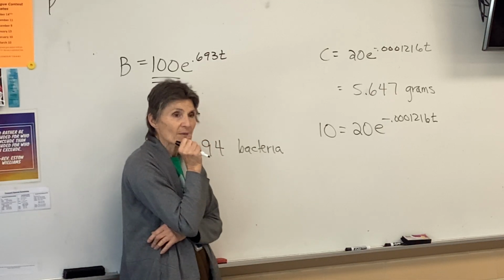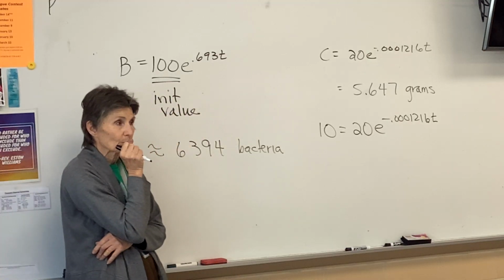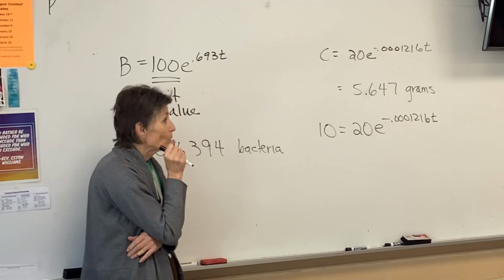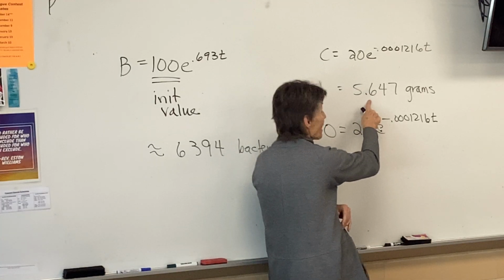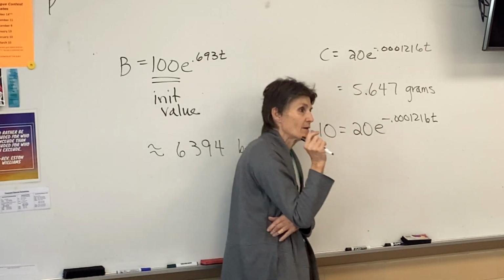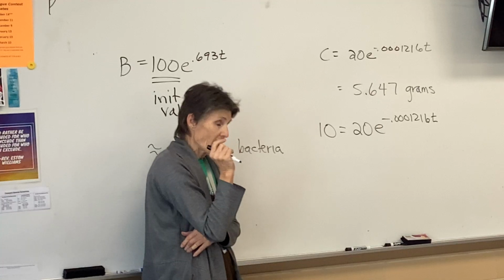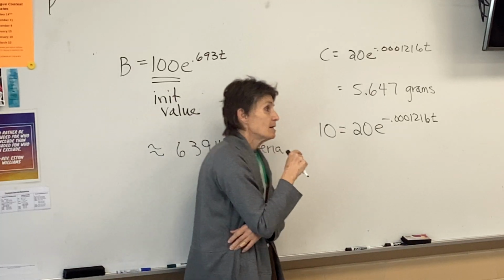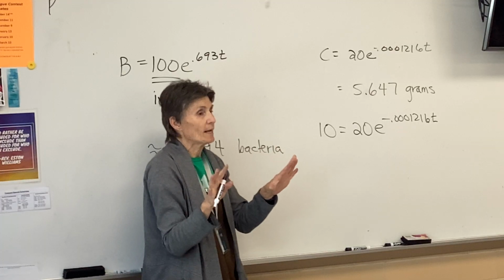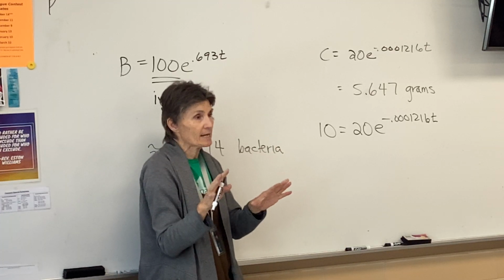Any idea about that? No. Remember, that was the amount after 10,000 years. We're trying to find how many years it takes to get to that. Now, I'm not interested in trial and error, kids. That could take a while.